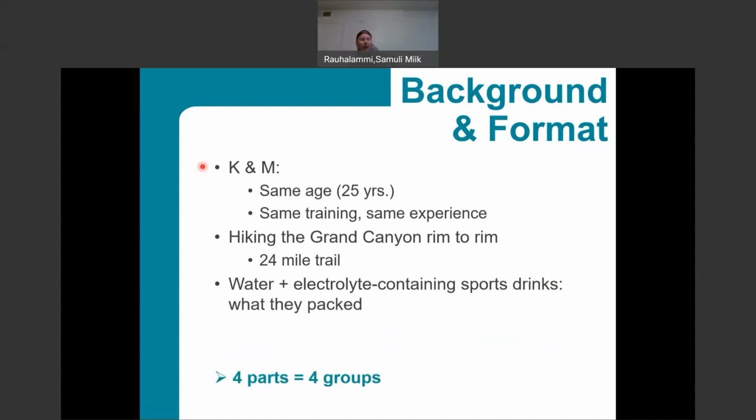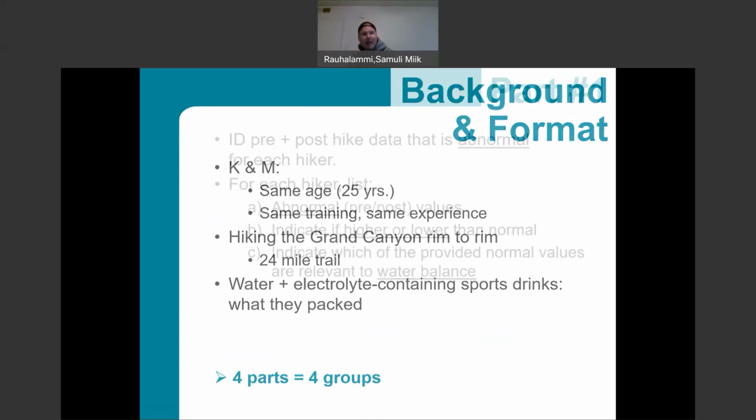Like I said, when we completed this assignment in a classroom together, students tended to divide into 4 groups, each group looking at one part of this exercise, and then coming back together as a whole class and bringing each other up to speed on what they discovered.